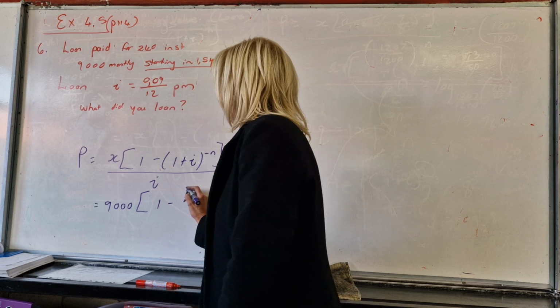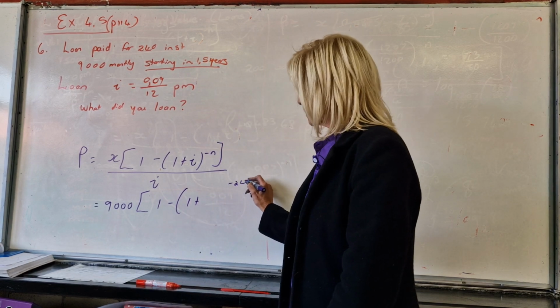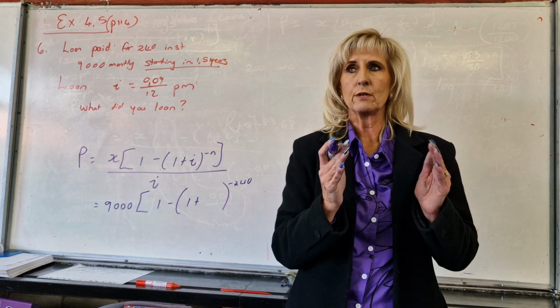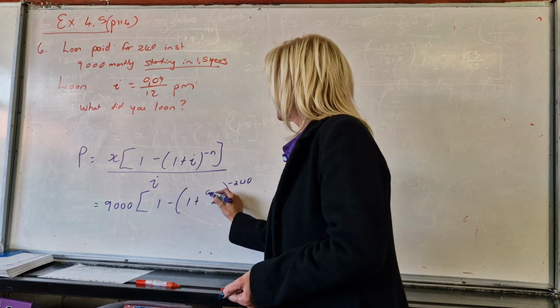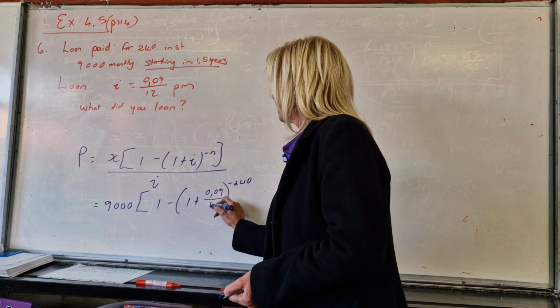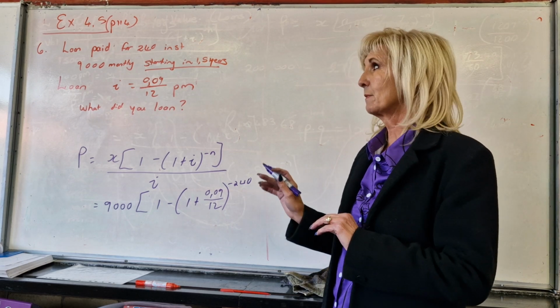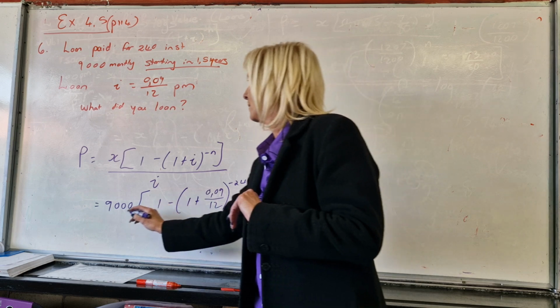How many times am I paying it? 240 installments, there's no doubt about that. My interest rate was 9%, if I read the question, monthly installments, right? Something's bothering me here with starting in 1.5 years, but let's just do the sum.